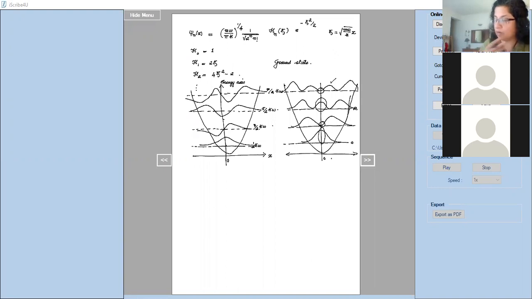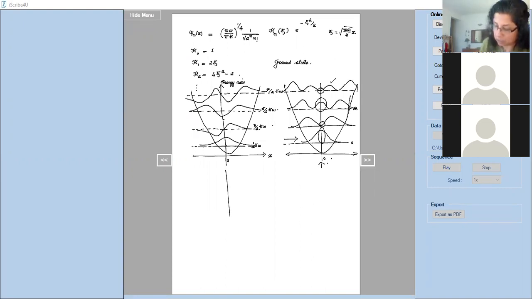The other thing you have to notice is the situation in the ground state. The maximum probability of finding the particle is at x equal to 0, because that's where it peaks and then it dies off. Now as you go to extremely high states, what do you expect?